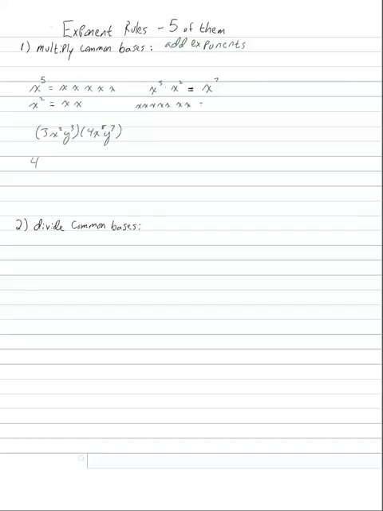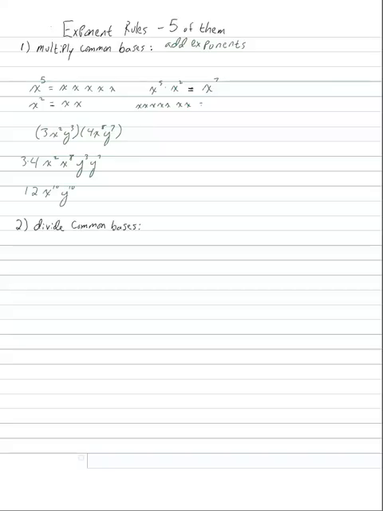So I'm going to put my 3 and my 4 next to each other, still multiplied, my x squared and x to the 8 next to each other, and my y to the 3 and y to the 7 next to each other. Then I'm just going to use my multiplication rules. 3 times 4, I just know, that's 12. X squared and x to the 8, I add my exponents and get x to the 10. Y cubed and y to the 7, I add my exponents and get y to the 10.